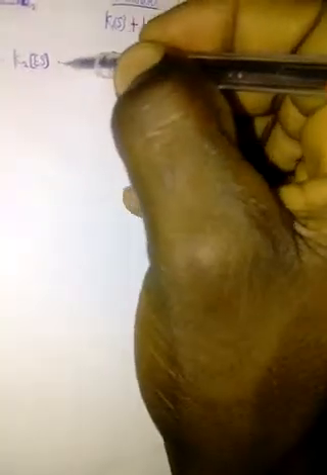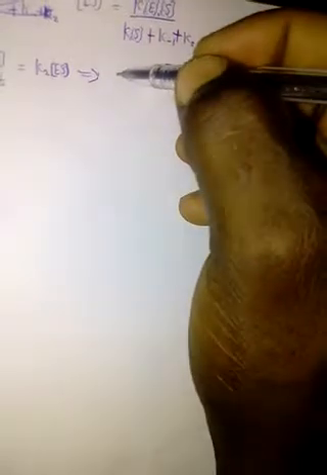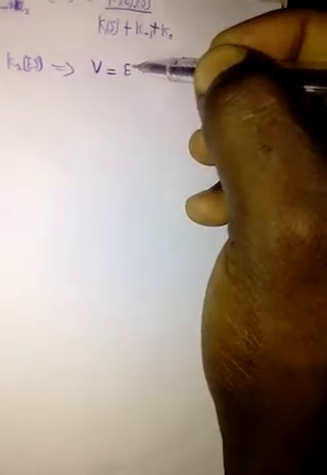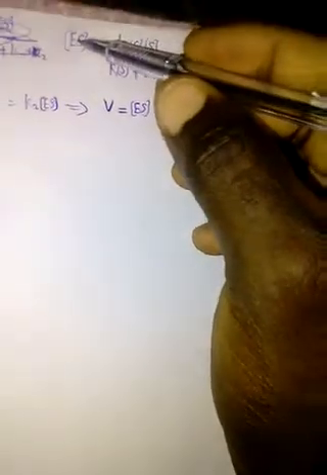No minus, because we are writing the rate of product formation. It's the same thing as velocity, that is, the rate at which product is formed. So I can substitute my ES from here into this equation.